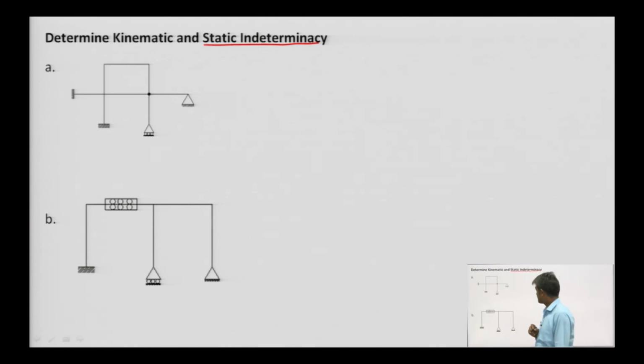The value of capital R, total number of support reactions, means restraints: 3 here, 3 here, 2 here, 1 here. So 3 plus 3 plus 3 plus 3 plus 1 plus 2 is 6, 7, 8.